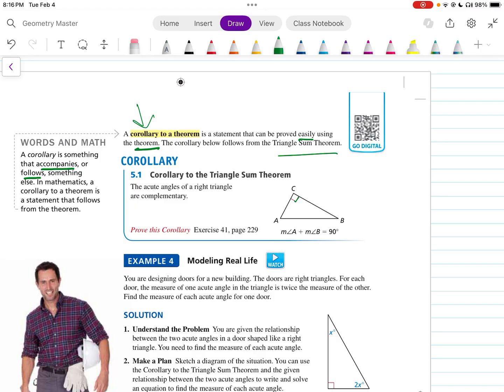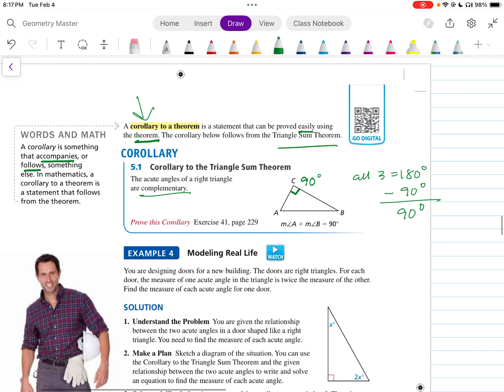A right triangle has one 90-degree angle. If all three have a sum of 180 degrees, and one of them is 90 degrees, that means the other two together are 90 degrees. And that's the definition of complementary. Two angles that equal 90 degrees.